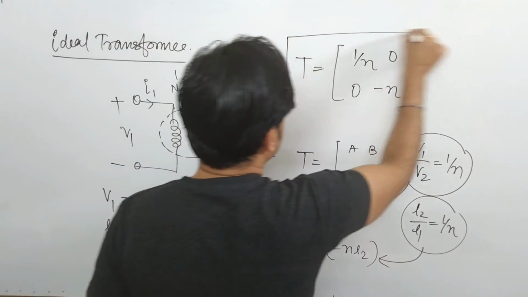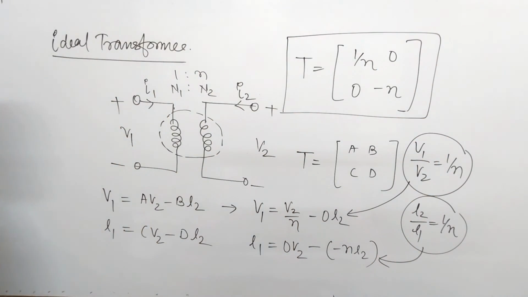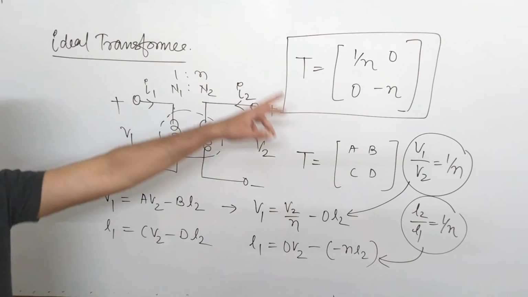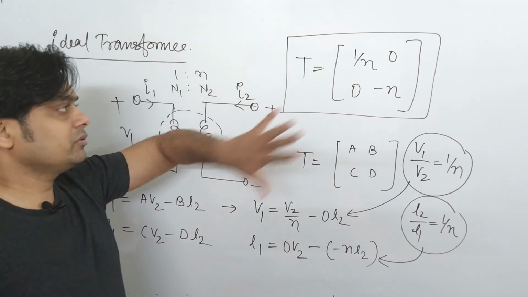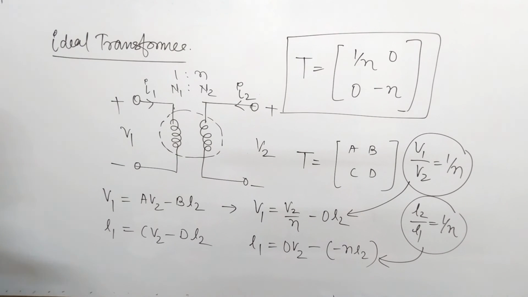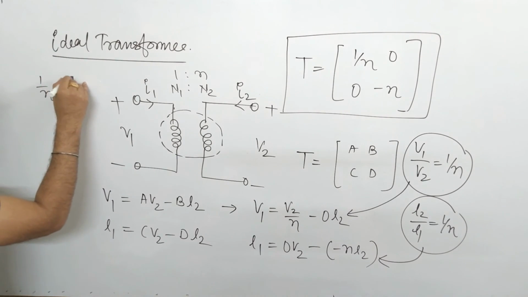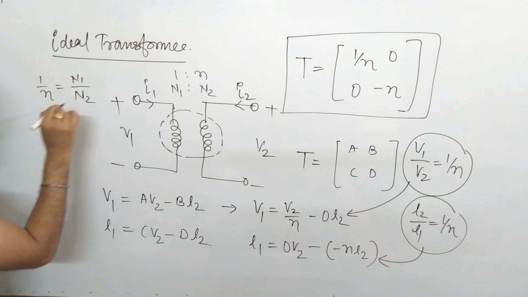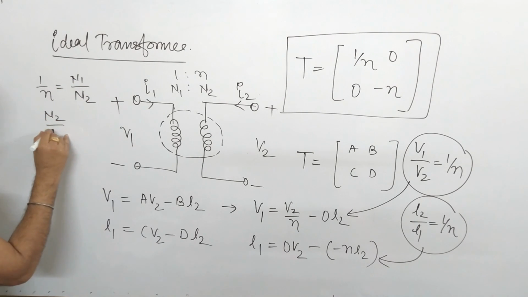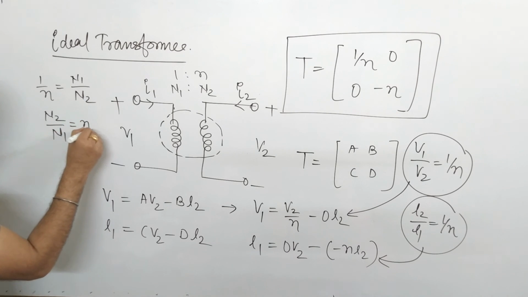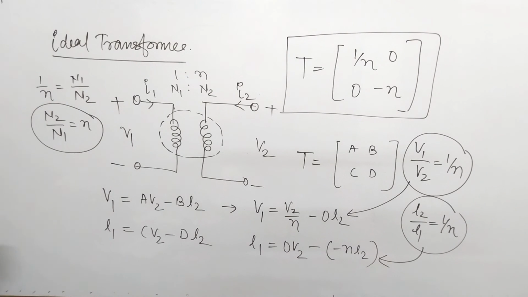So this is the T matrix for an ideal transformer with turn ratio N. This is a very important expression and various questions are asked on it. So here 1 by N is equal to what? It is N1 by N2. So N2 by N1 is N. This you remember, very important.